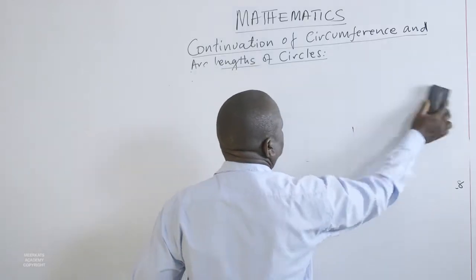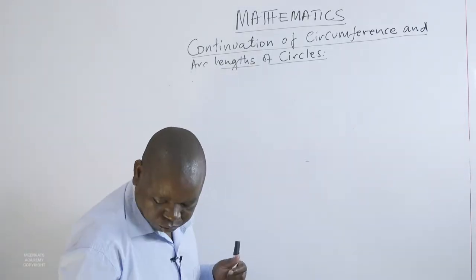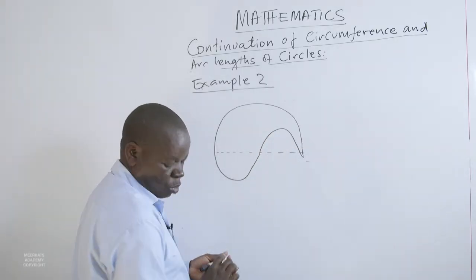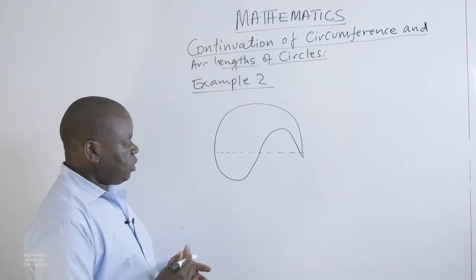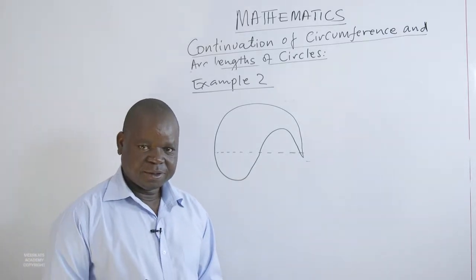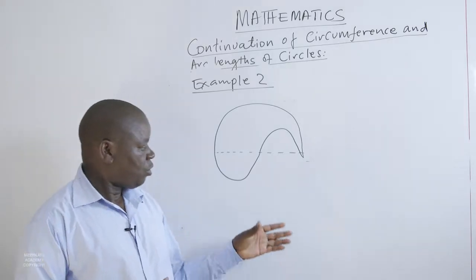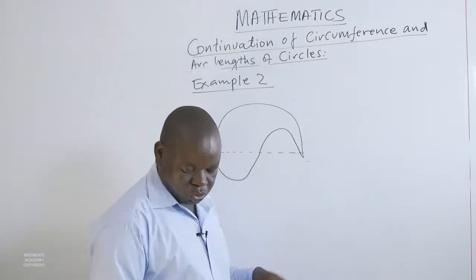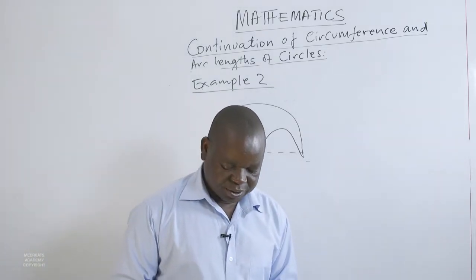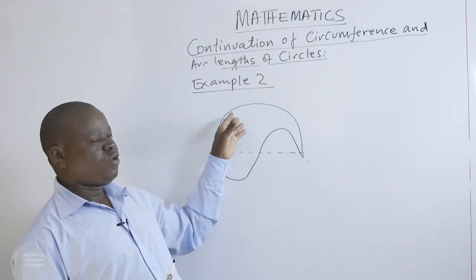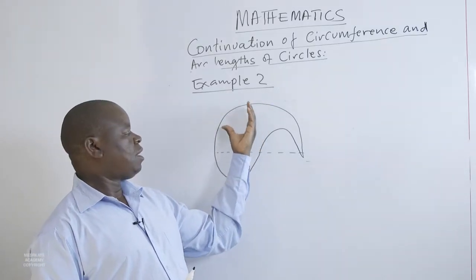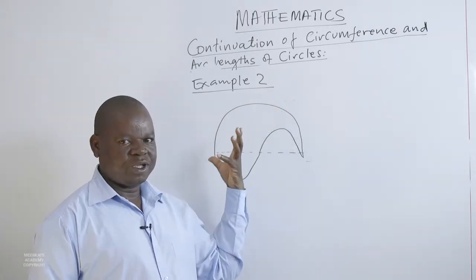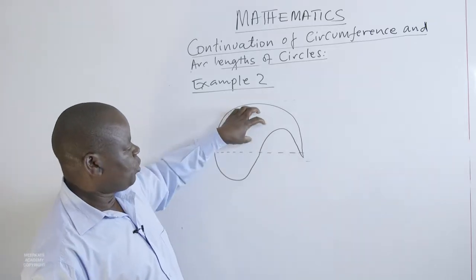Let's look at the last example on that. So you look at this figure, and we have been asked to calculate the perimeter of such a figure. So what you do, you interpret the information that can give you a figure that looks like an arc length, which you can use the formula that we have developed earlier on to compute.